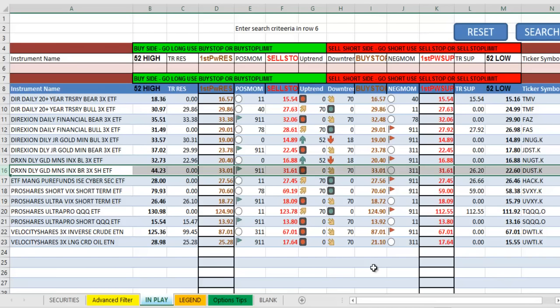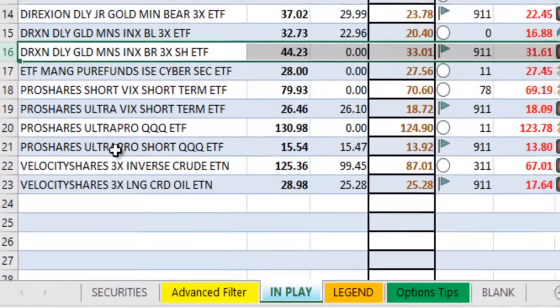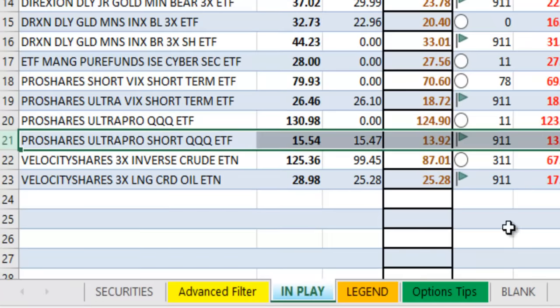What did DUST do today? 35.54 is the high. Again, showing you the power of the alerts, but also showing you mainly the power of the pulse wave themselves. An alert is nothing without telling you how to enter the trade or how to manage the trade. Again, showing you the power of the pulse wave.